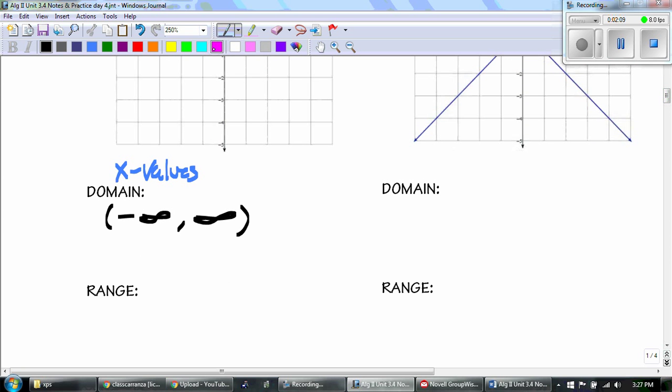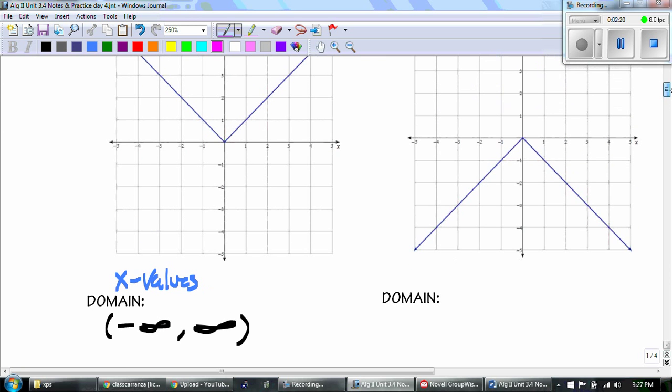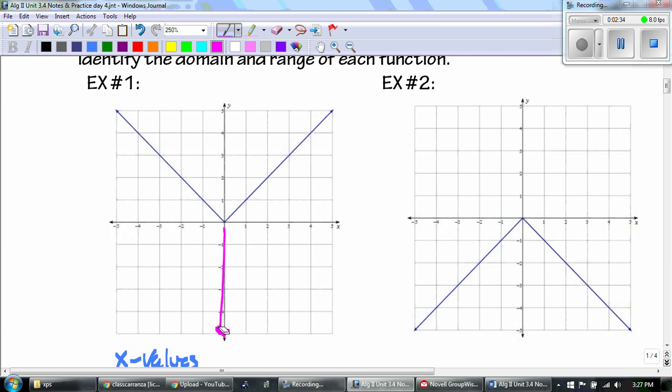Now our range, those are the y values. So where does the graph begin and where does the graph end? Well, you could say up and down, right? Isn't that y? Good. So up and down, it doesn't start at negative infinity.